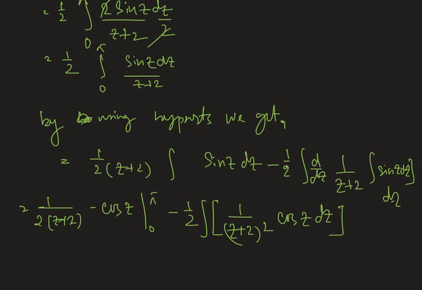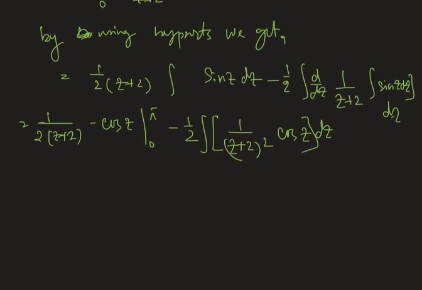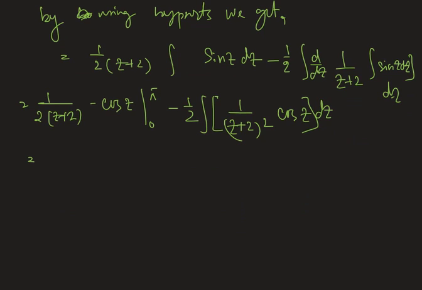Now here we have minus 1 by 2. Cos pi means minus 1, divided by pi plus 2.